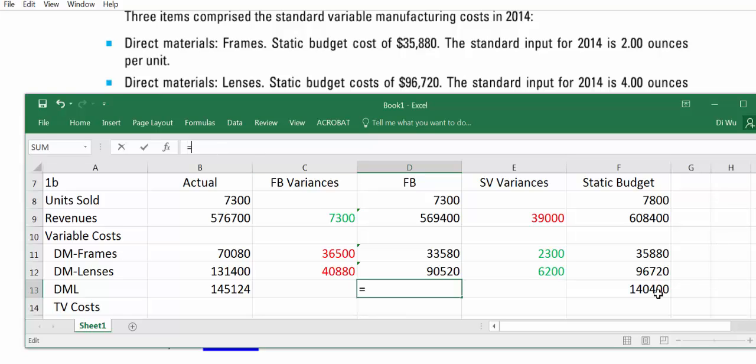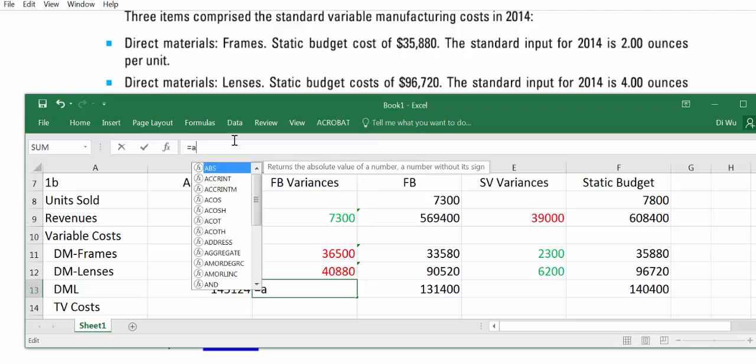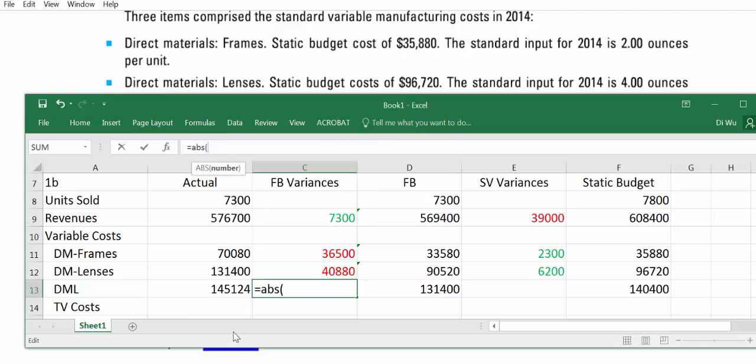We divide this number by 7,800, then multiply by 7,300. Now we can figure out what the direct manufacturing labor cost is in the flexible budget. Here it is. Then we can go ahead and find the difference. All right, so we get these differences.